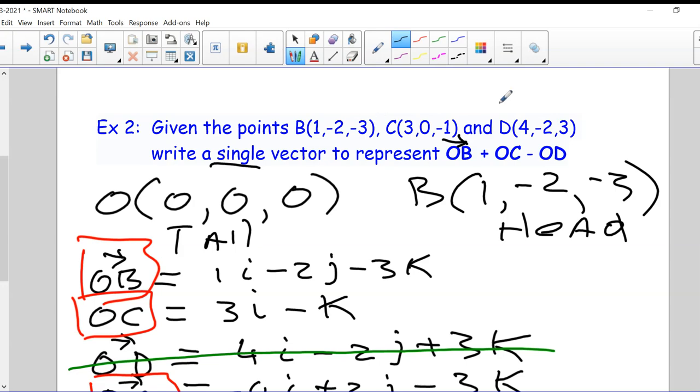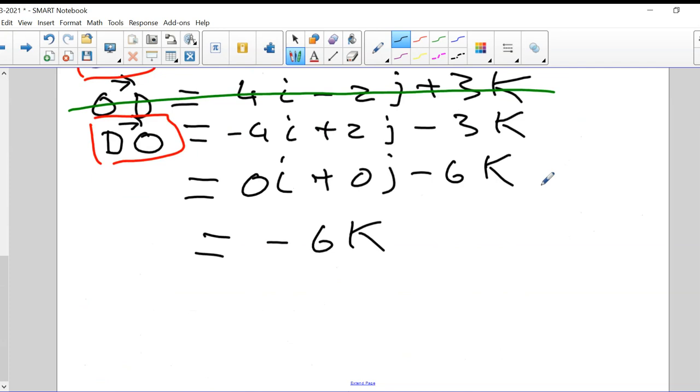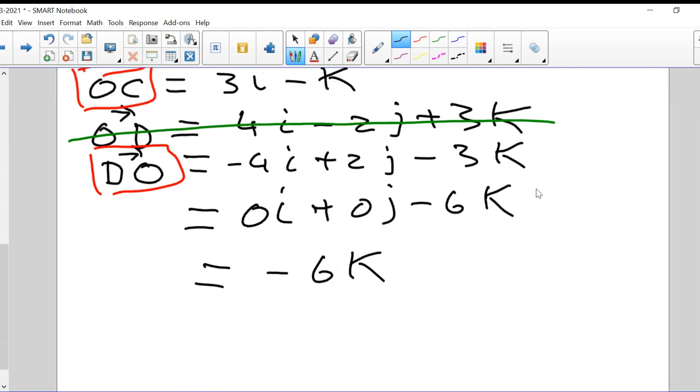And then minus 3 gives you minus 6. Yes, so the single vector is minus 6k. You're right, Fernando and Ashran, you both got minus 6k. So the single vector, which represents all of this, could be written as 0, 0, minus 6.